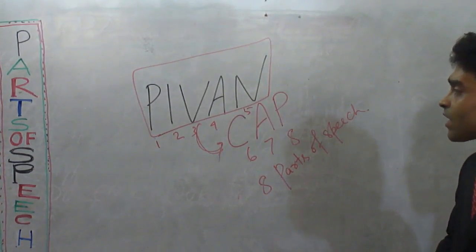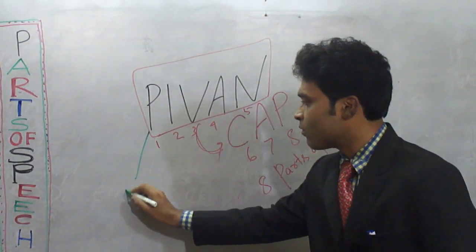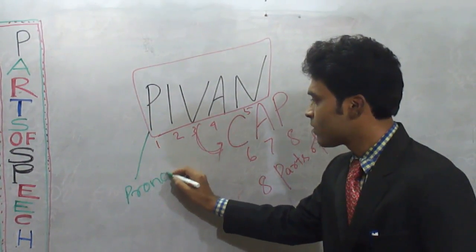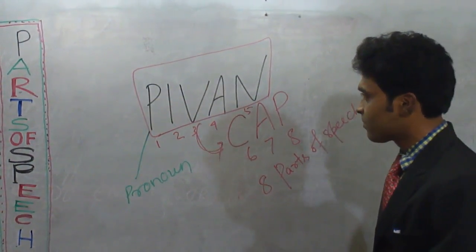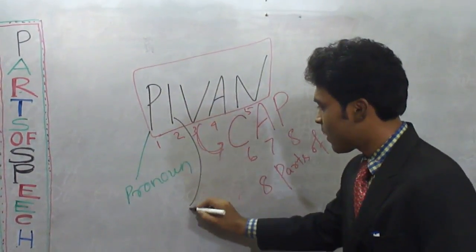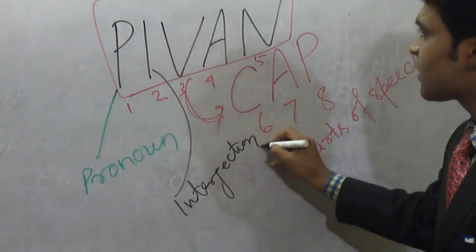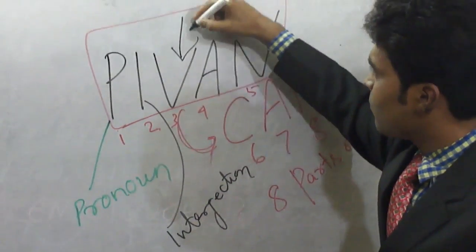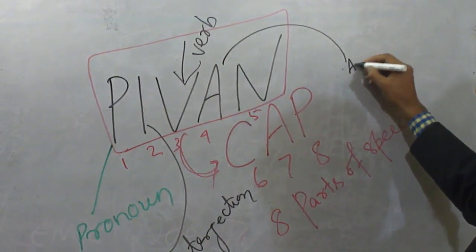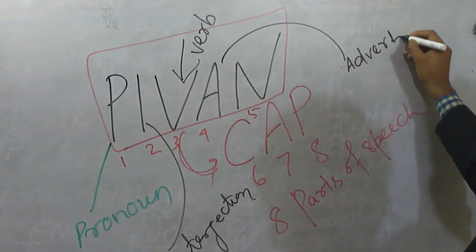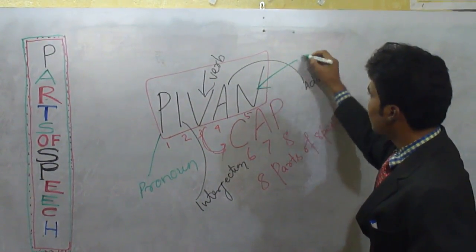Alright? What are those parts of speech? Here P stands for pronoun. I stands for interjection. V stands for verb. A stands for adverb. N stands for noun.